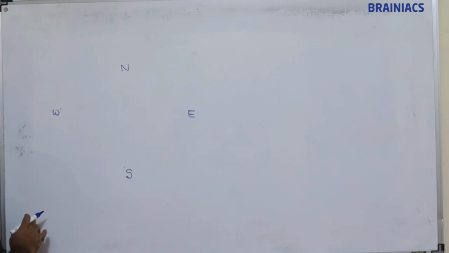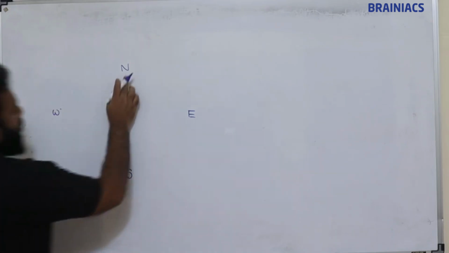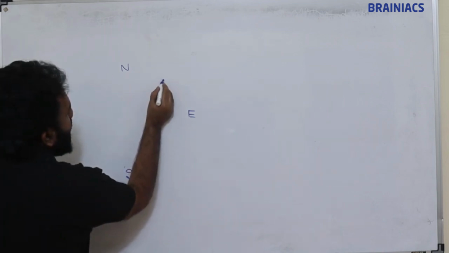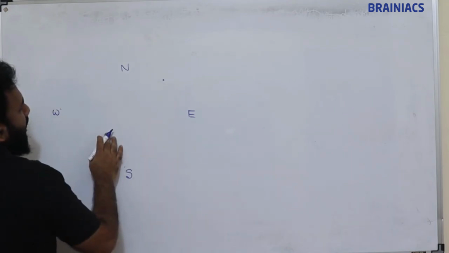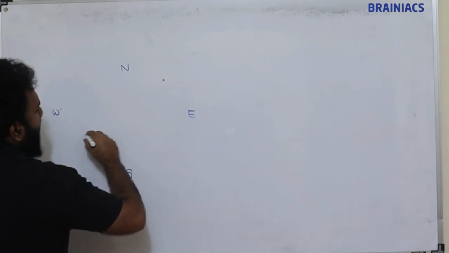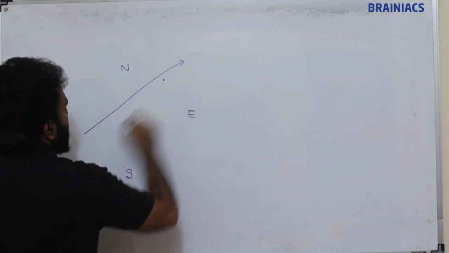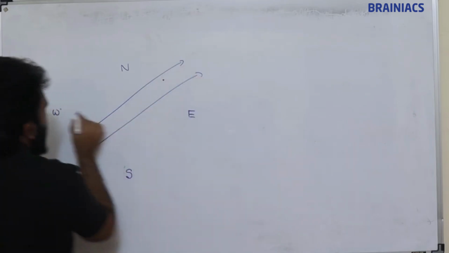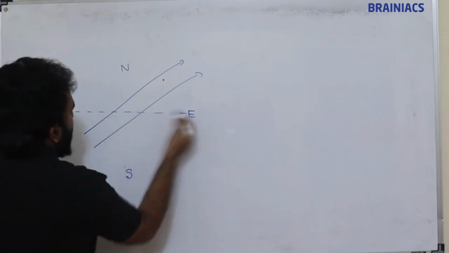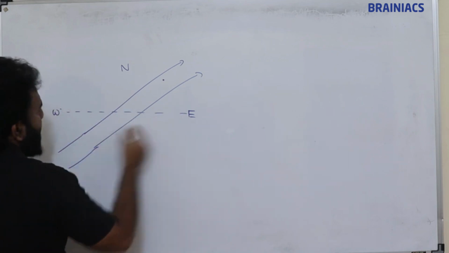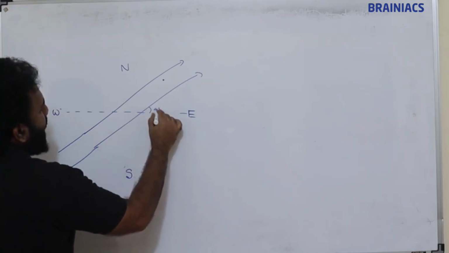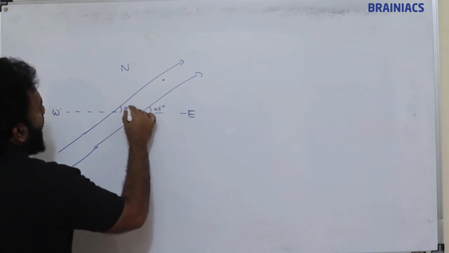A uniform magnetic field of 0.1 Tesla is set up across the plane in the northeast direction. So the northeast direction is this, and the magnetic field direction is like this. If we draw a line like this, north-east means this will be 45 degrees.